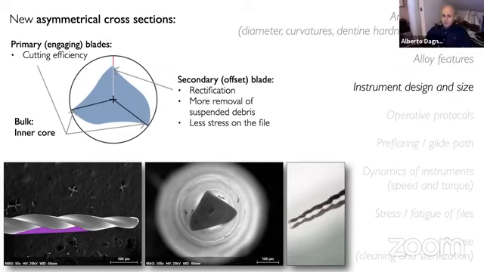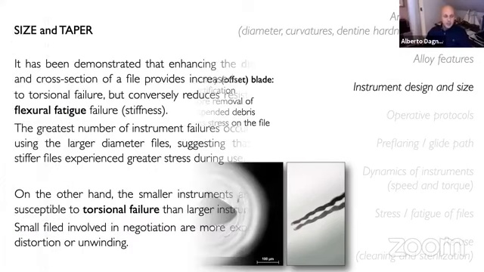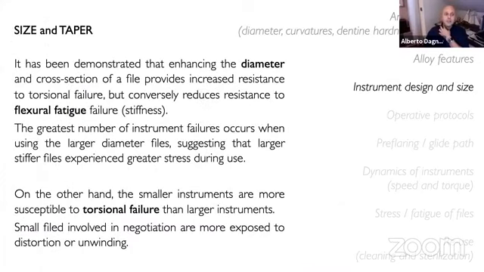So that's another reason why we have to choose modern nickel titanium systems, because the modern nickel titanium systems are more reliable and more resistant to the stresses inside a root canal. And also we have to consider the size and the taper of the files, because every time we increase the diameter or the taper or both inside of the root canal, the stiffness of the file is increasing.